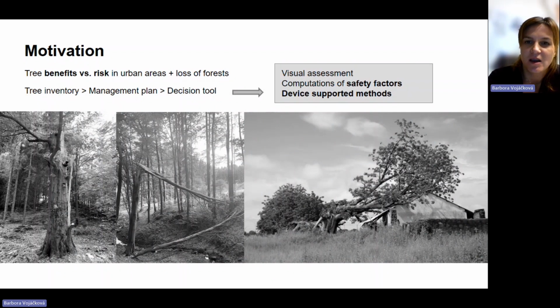We use basic methods like visual assessment for tree inventory, and then we make some management plan, which is for us something like a decision tool. We can start with only the visual assessment, or we can go to more advanced methods, which for the stability assessment are usually connected with tree biomechanics.